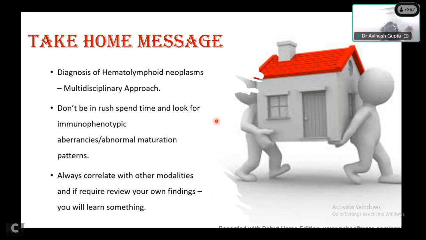So now this is the single case. Further, more cases Kunal sir will take. From my presentation, what I just want to tell you guys is that for the diagnosis of hematolymphoid neoplasm, you cannot go by a single entity. It's a multidisciplinary approach, and you should include everything possible whenever you are making a diagnosis.